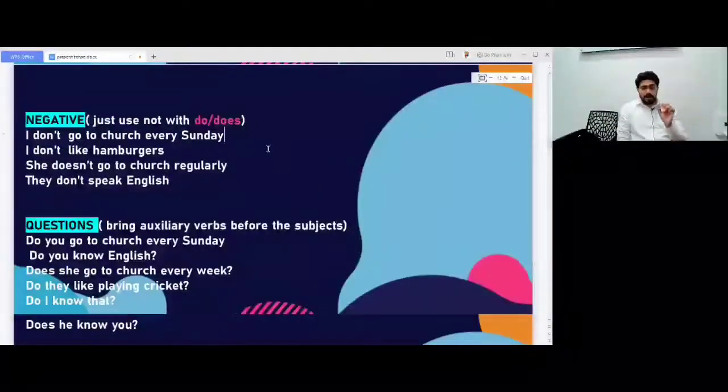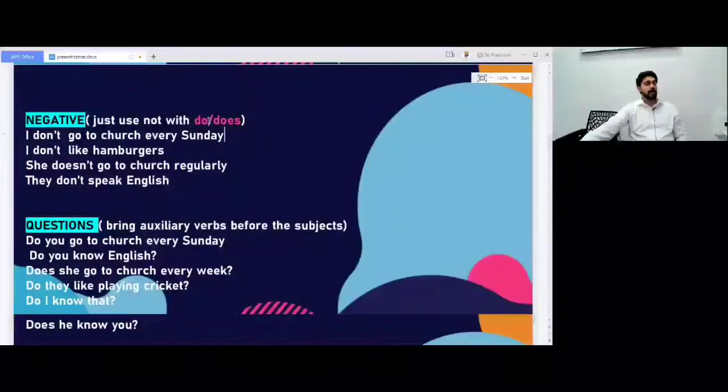So in any tense, you can't make a negative sentence with just not. Simply, the not can only stand with an auxiliary verb, do or does. So how do you use that? If it is a plural subject, you use the plural auxiliary verb. And if it is a singular subject, you use the singular auxiliary verb.